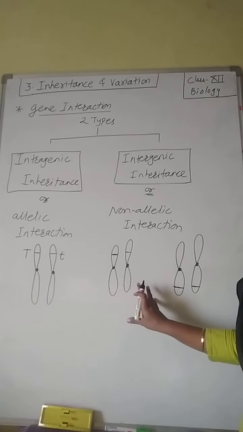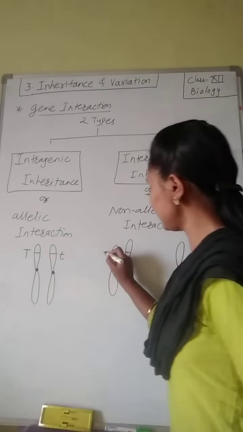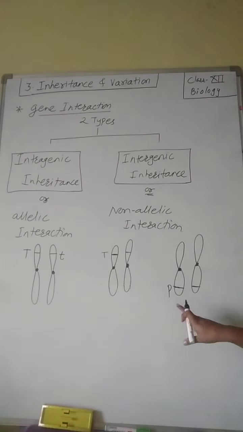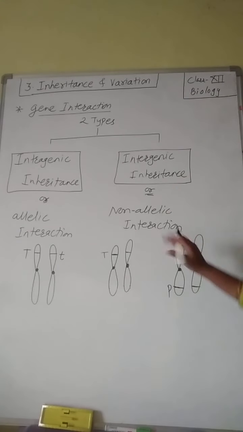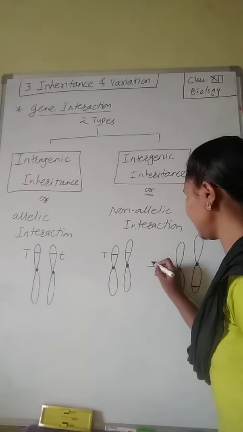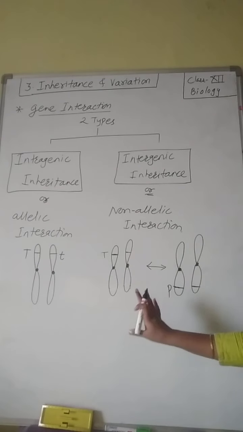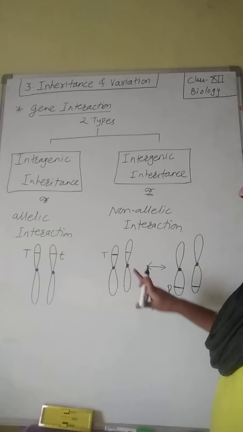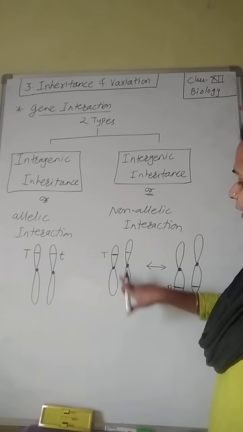Here the T gene is present and here the P gene is present. Intergenic inheritance means the interaction between these two genes, which are present at different loci of different chromosomes, or on the same chromosome but at different loci.